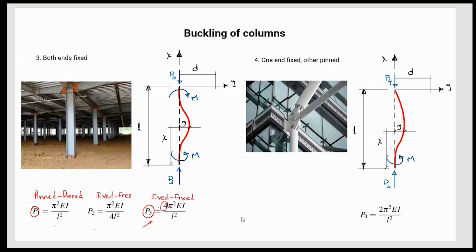This is interesting. So as engineers, depending on how you choose to join the columns to the other members, you're going to have a certain resistance to buckling, let's call it that way, that's either large compared to the reference system, or smaller. So your choice of joint, not only because of loading but because of structural integrity and other requirements, is up to you.